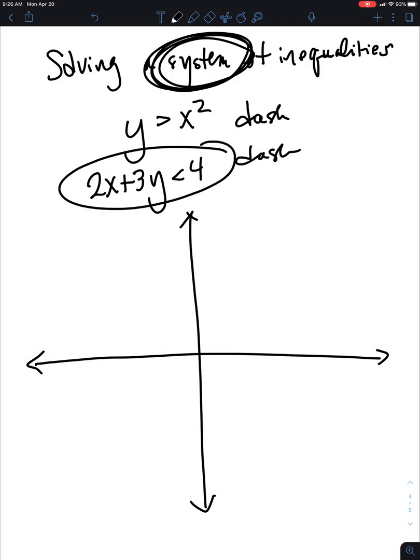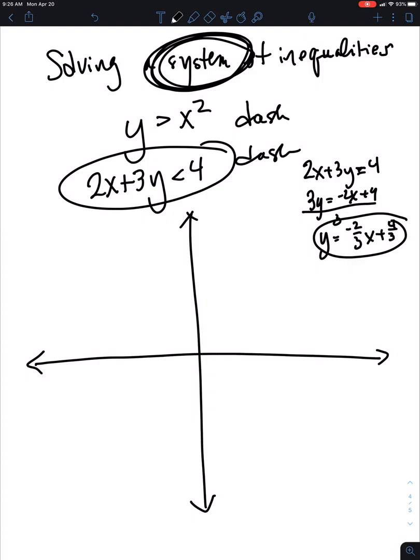Now this one I need to put into y equals mx plus b form, so I'm going to kind of write it over here, and I'm just going to ignore the inequality for right now because I don't care about it. I just need the line. I need the boundary. So I'm going to do like that, okay? And I'm going to graph this first.